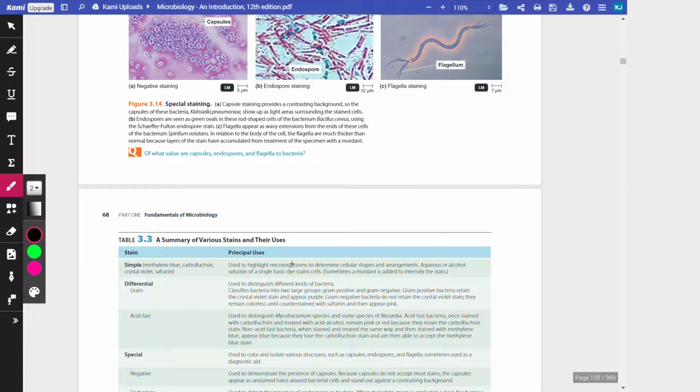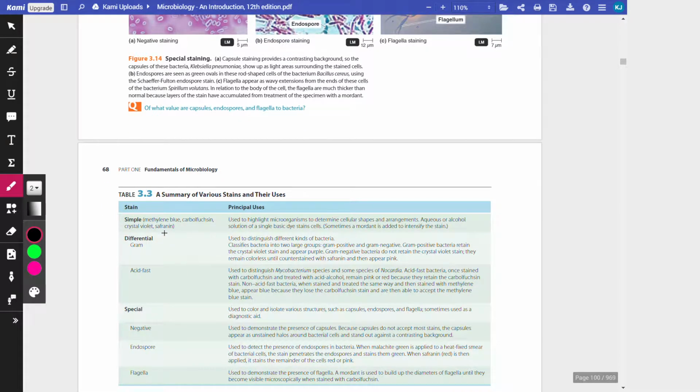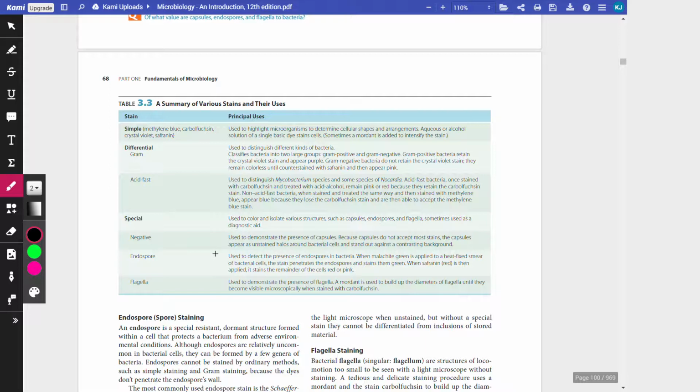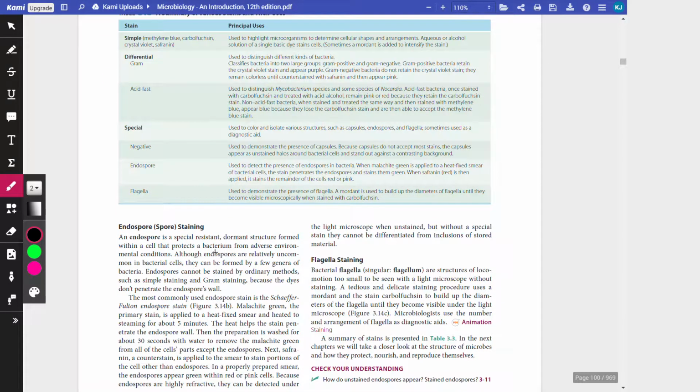Wow! Okay, a summary of various stains and their uses. Here's a summary of all the stains we went through. Simple, differential, gram stain, acid fast, and here are the definitions for each of them, if you are curious. Here's an endospore. Spore staining.